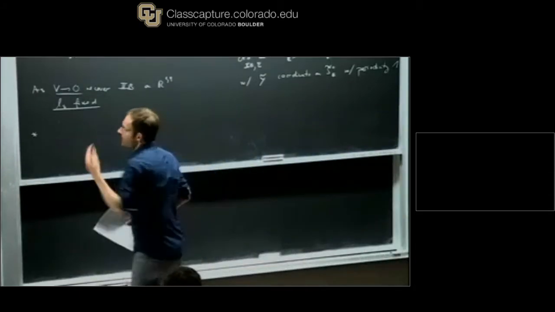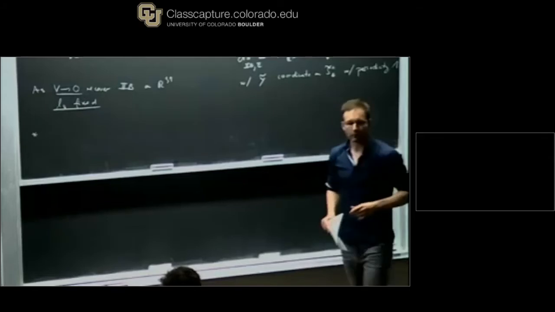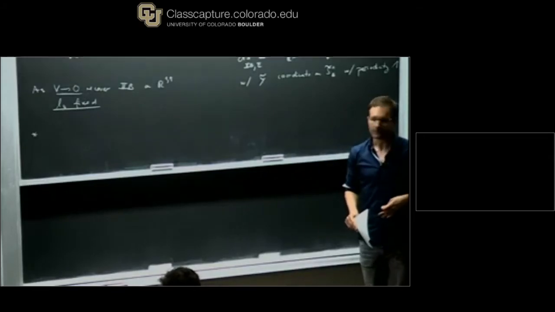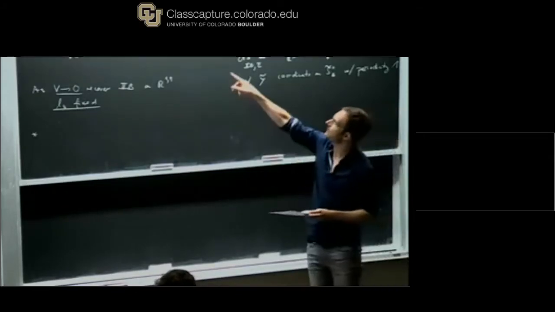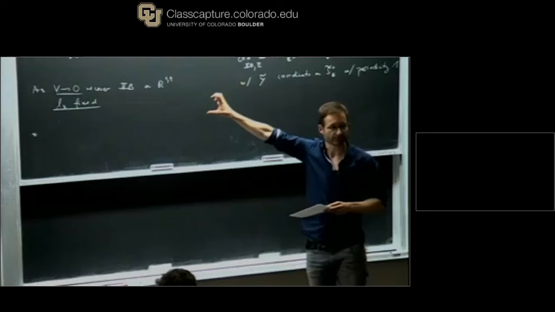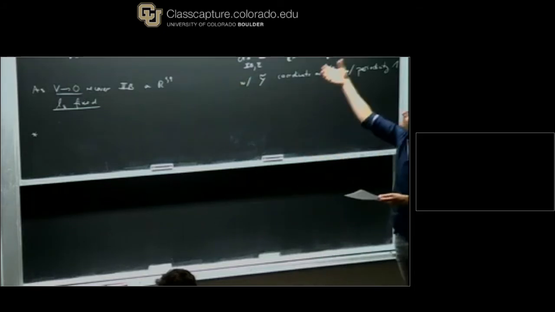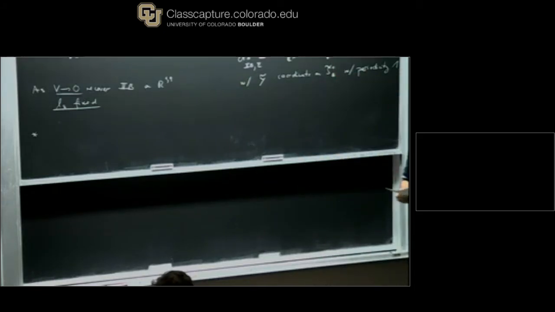So now the logic is to promote this to a fiber-wise duality. Suppose that the M-theory space-time is in fact a torus fibration, and fiber-wise do this duality to type IIB.